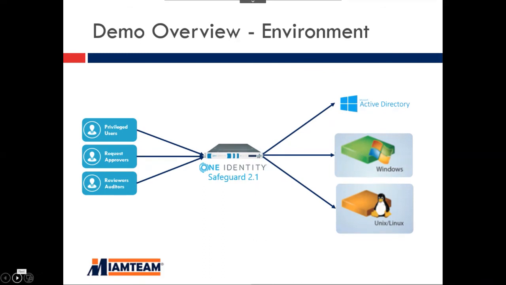We will demonstrate four scenarios. One is the pre-approved request. One request which involves an approval workflow. An emergency access request. And I'll show you the reporting capabilities of Safeguard.